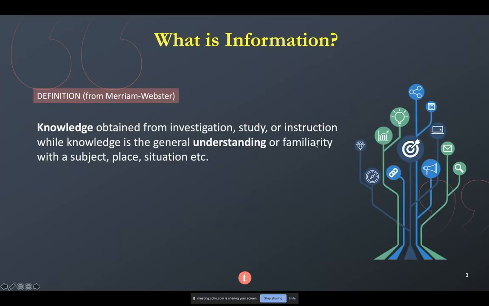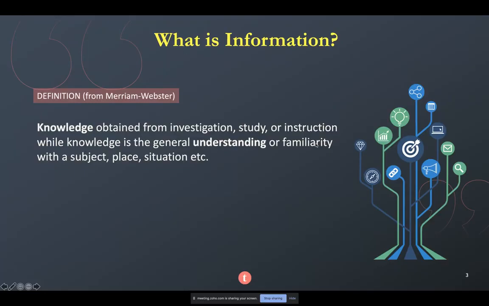Let's say that you have a phenomenon, and information is the level of understanding of such a phenomenon. A phenomenon can be a subject, a place, a situation, anything that can be somehow defined with data, and from which knowledge can be derived.